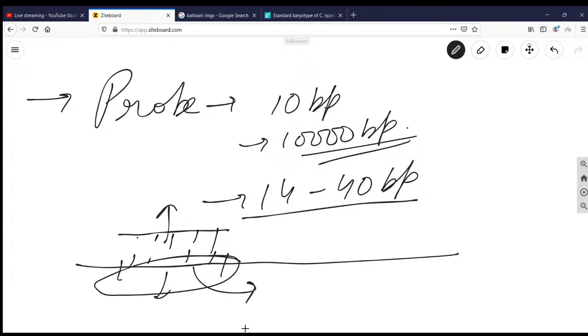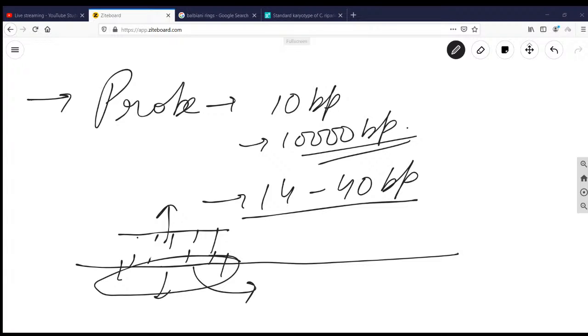That sequence which I thought would be present is actually present in the DNA. That is how a probe works, and that is how I can select a gene of interest from the genomic library.